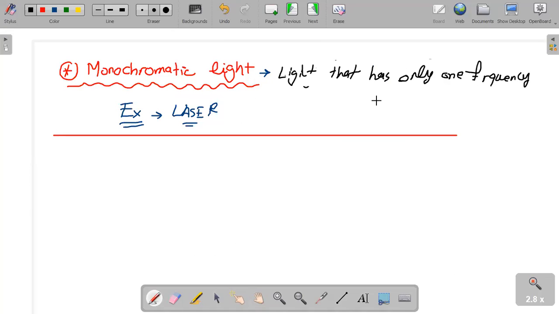Only one frequency, not frequency equals 1, meaning one value of frequency. A single frequency.